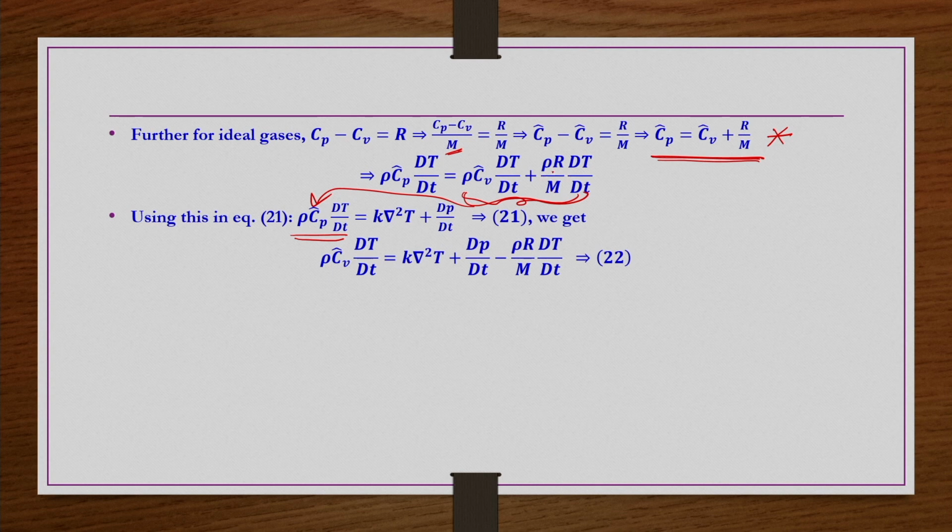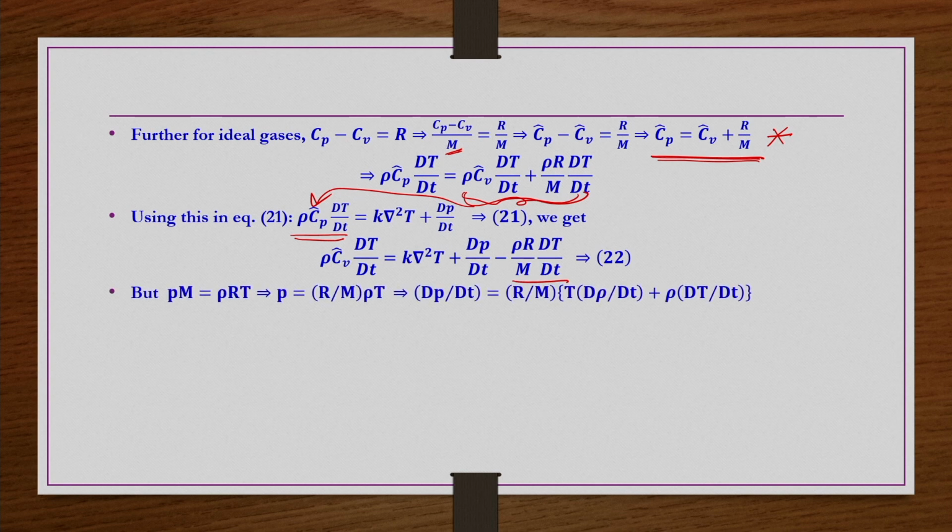Whatever rho R by m capital DT by Dt is there, we take to the right hand side, so we get minus rho R by m capital DT by Dt. Further, we have PM is equal to rho RT for the same ideal gas, that we can write as P is equal to R by M T rho.